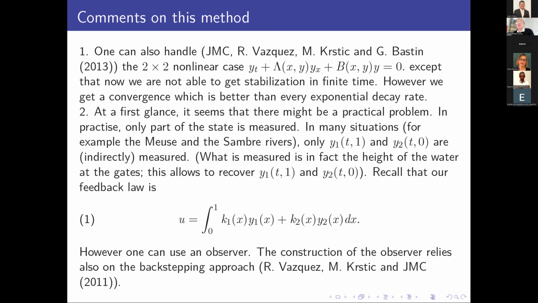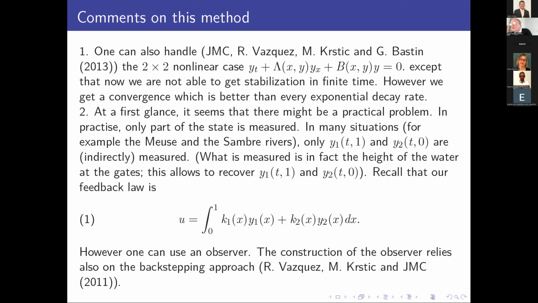Then it's possible, but you have to be careful. The feedback capital U equal to 0 can be transformed into small u, and if you compute small u, you get (1). That is, now the small u, the feedback, does not depend only on the values of y1 and y2 at the boundary, but it depends on the values of y1 and y2 on the full interval.